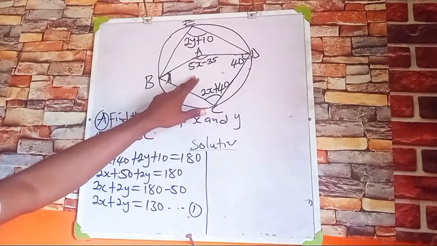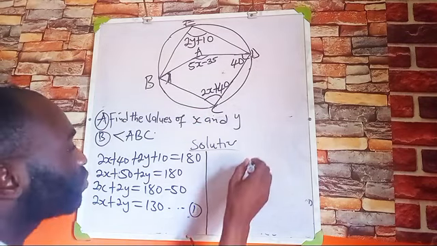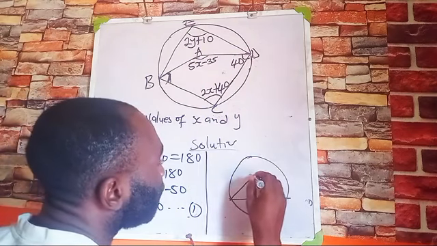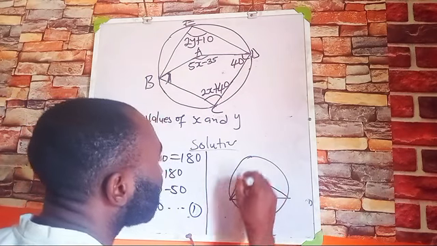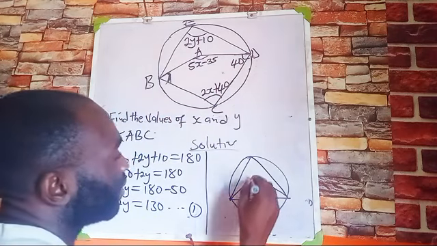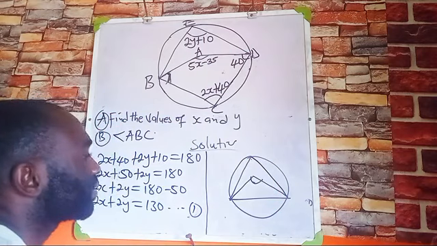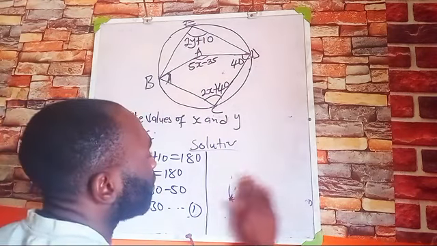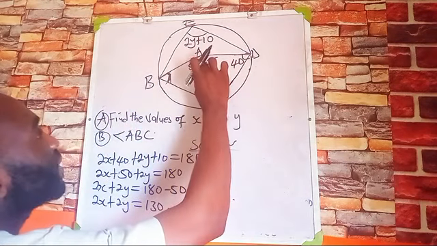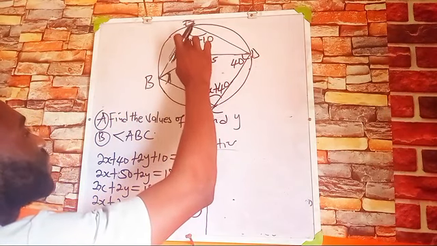So let's apply another theorem which I explained. If you have a chord and that chord forms an angle at the center and at the circumference, the angle at the center is twice the angle at the circumference. So we know that this angle here at the center is twice this angle here.